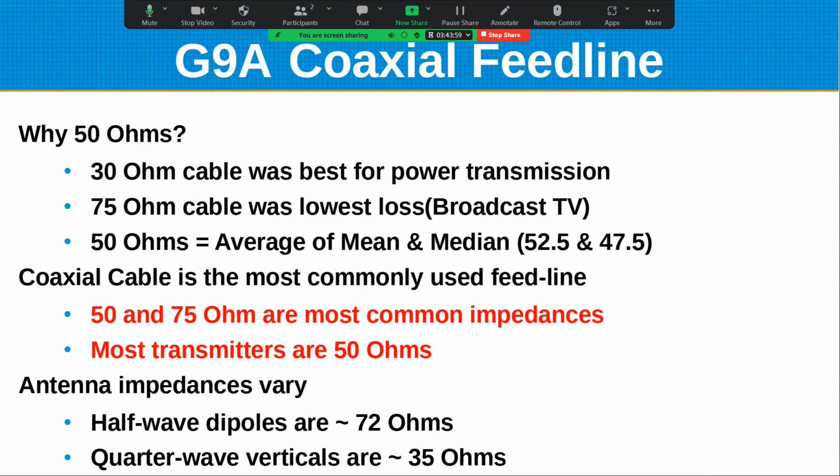So when they decided to come up with this sort of standard, they took the mean and the median of the two and averaged them. And that came out to like 49.9 something ohms, which is why we use 50 ohms. The antennas can vary anywhere from just 10 or 20 ohms up to thousands, depending on the feed point and configuration of the antenna.